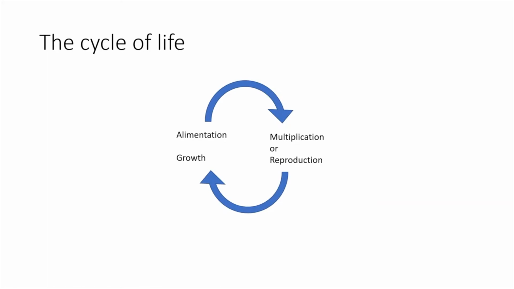All living organisms, whether animals or plants, and even unicellular ones like bacteria, follow a common cycle of life that can be simplified into two main functions: growth, with alimentation, and reproduction or multiplication, whether they exchange their genetic material or not. I will give you two examples in relation with the terrestrial-marine continuum of the Mediterranean Sea, two species of fish that alternatively live in rivers and at sea.